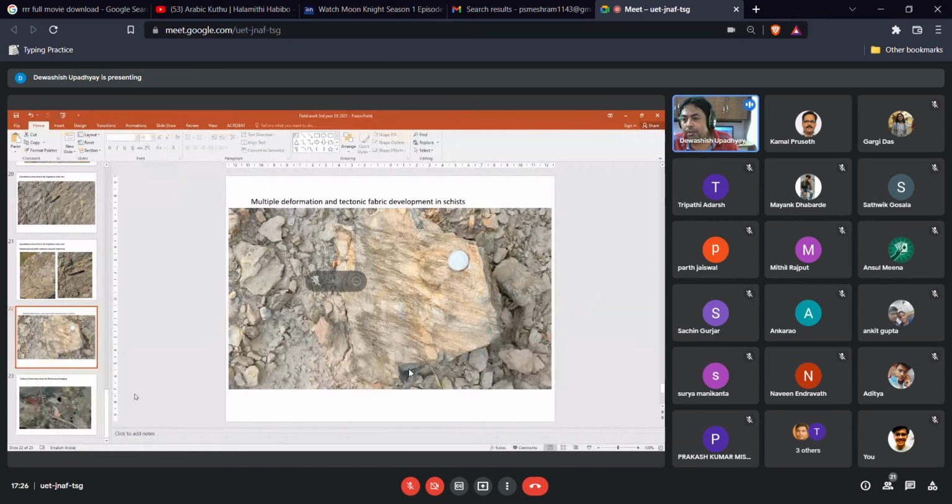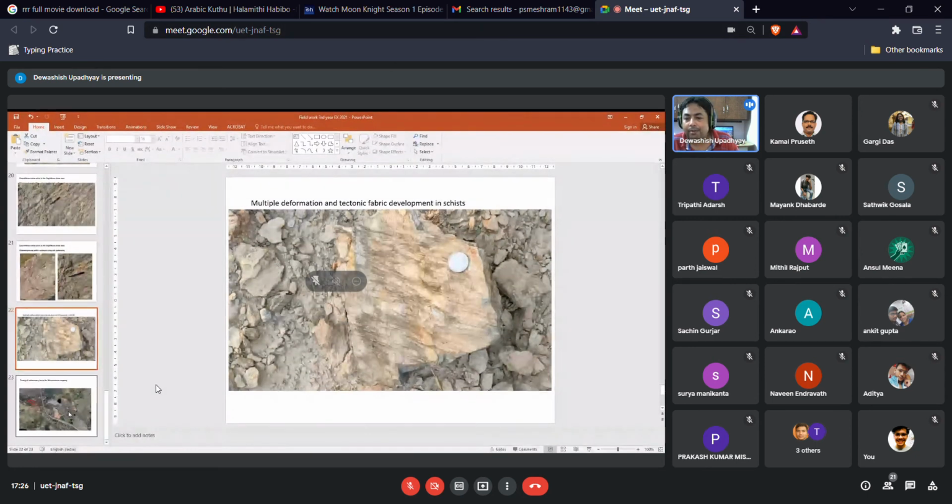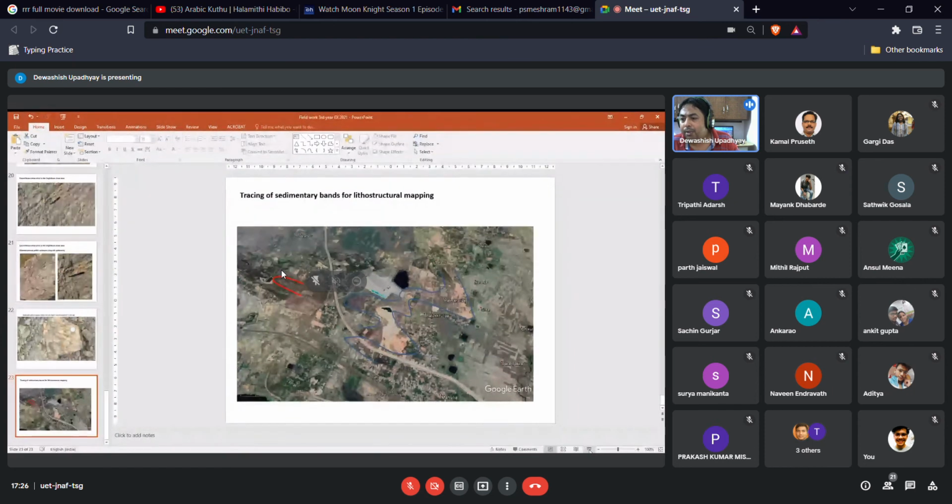This is how we see some of the rocks, and finally, the last bit, what we usually do but cannot do now, is go to the field and try to map out the different rock units.